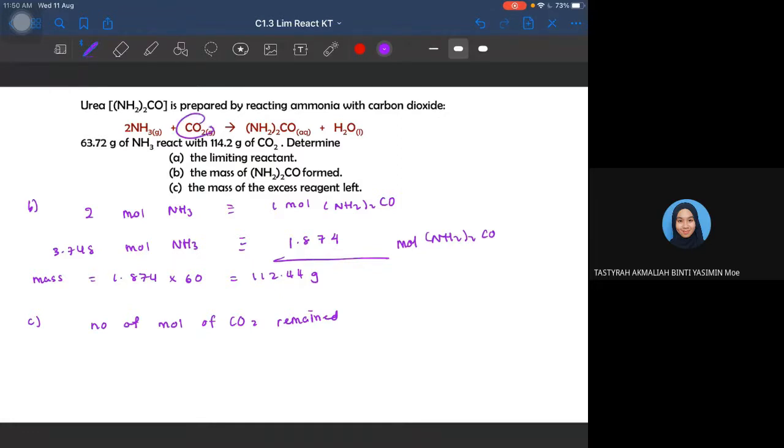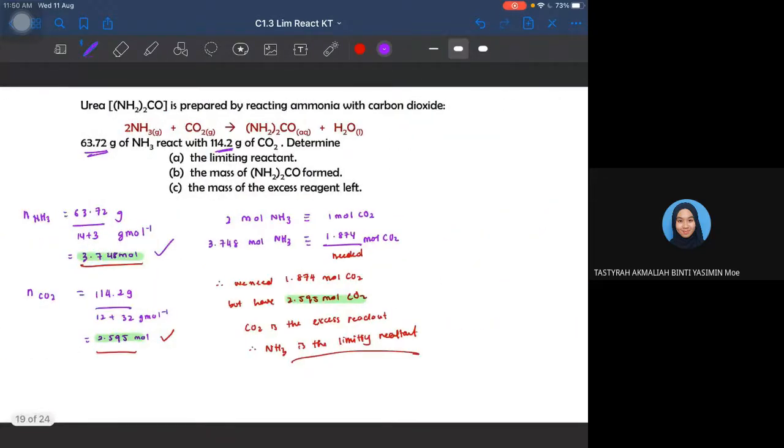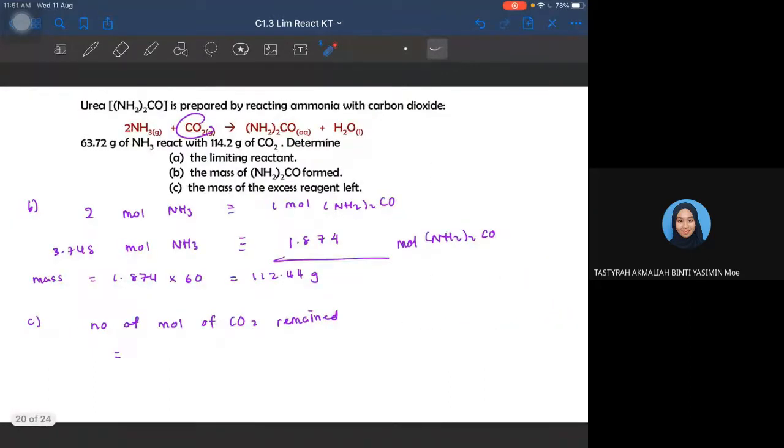In this case it is your excess reactant. What remains, we have to subtract. So subtract how much? 2.595 minus 1.874. Okay, so we do 2.595 minus 1.874. So how much do you get? Zero point seven two one.